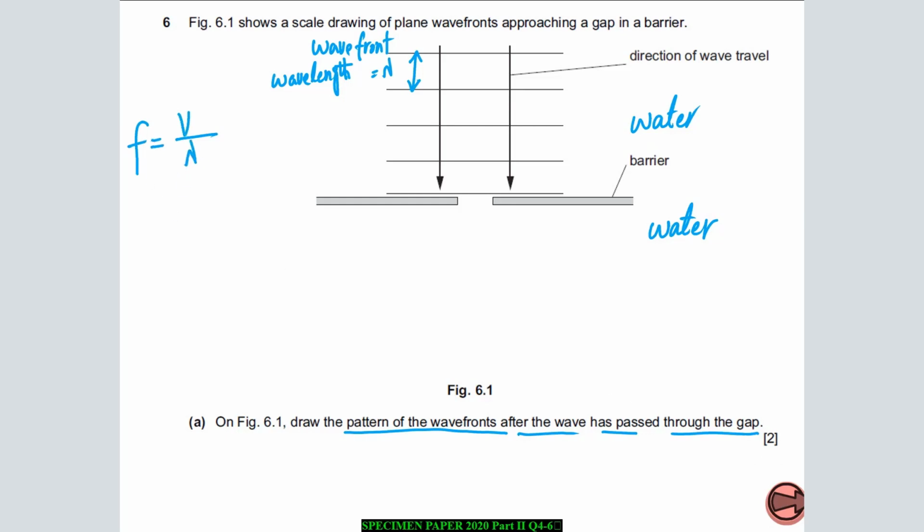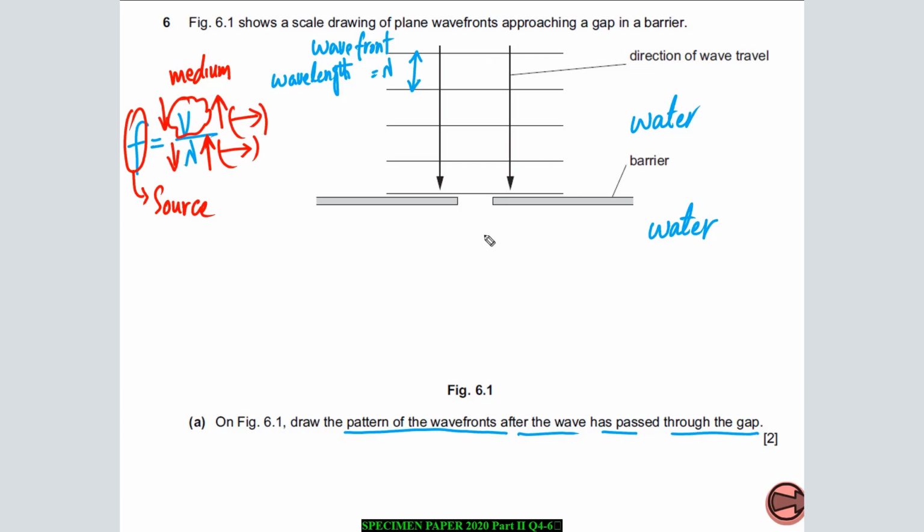Frequency depends on the source, and velocity depends on the medium. So if the medium is the same, the speed of the wave is the same. If the speed increases, lambda also has to increase. If speed doesn't change, wavelength will also not change, and vice versa. If the speed decreases, wavelength also decreases.